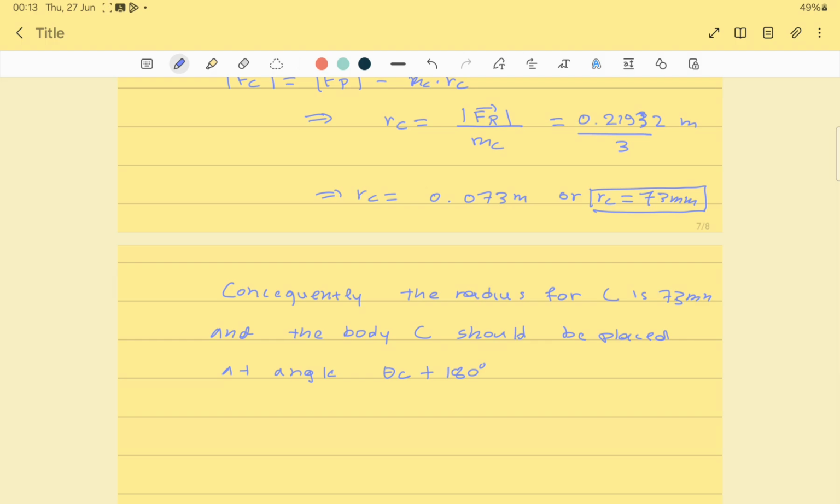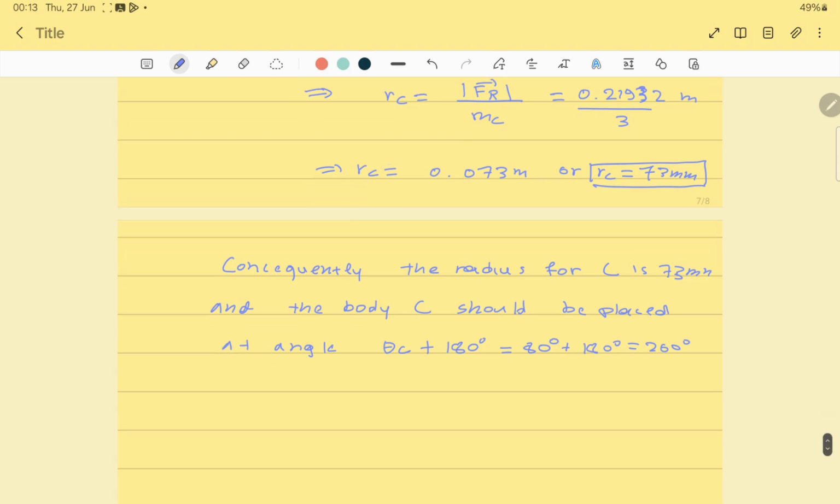So it should be theta C plus 180. Theta C is 80 degrees plus 180, 260. Anti-clockwise, of course.